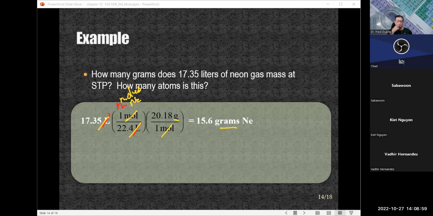So 17.35 liters of neon gas corresponds to 15.6 grams. Now, with respect to sig figs, you have 4 sig figs at 17.35, but our answer is 15.6.